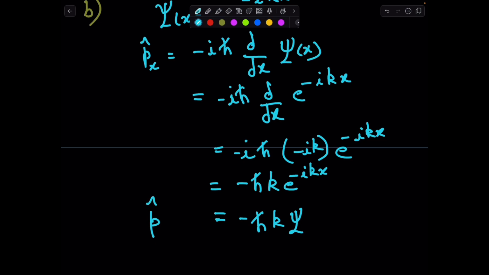So operating the linear momentum operator on psi gives us minus h cross k psi.